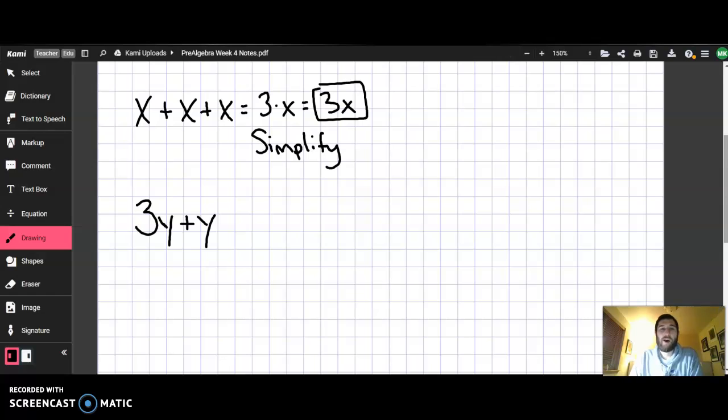In this example with the y's, 3y plus y, the question is, how many y's are there? 3y plus y is 3 with an additional one, so we have 4 y's. But saying we have 4 y's is in and of itself how we describe multiplication. 4 y's added together is 4 times y. So we have 3, we have 1 more, so the total is 4.